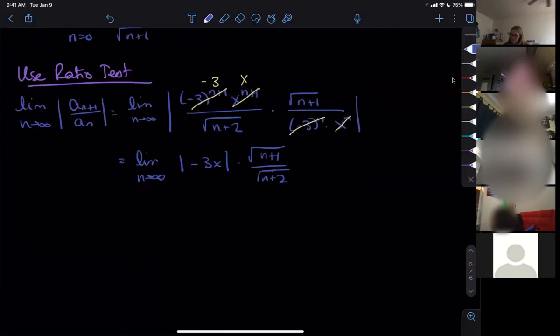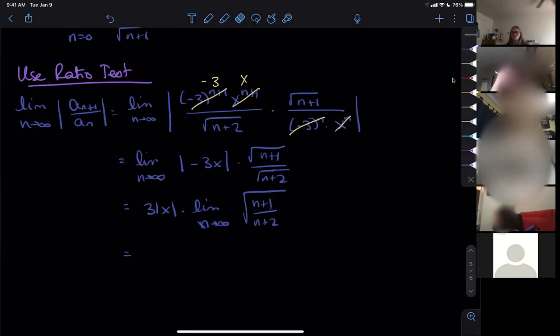All right, so, just like we've done before, the x is a constant, and I can in fact pull the negative 3 out of the absolute value, so I just get 3 absolute value of x. And then I can put these together in one square root sign. How can I figure out this limit? Multiplying by the reciprocal of the highest power.